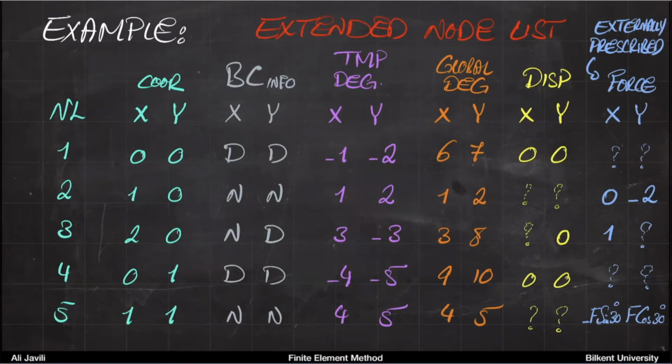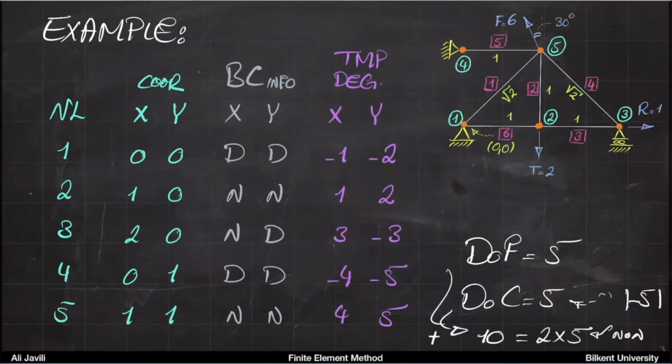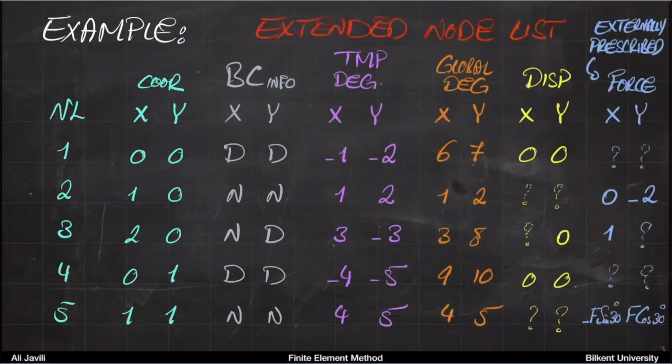We will ask you to show the displacement of the structure, but also show the stresses in each element. And those stresses would be exactly those internal forces divided by the area of each element. So that's a very valid question, but again, in the extended node list, the forces that we prescribe or insert are the externally prescribed forces.